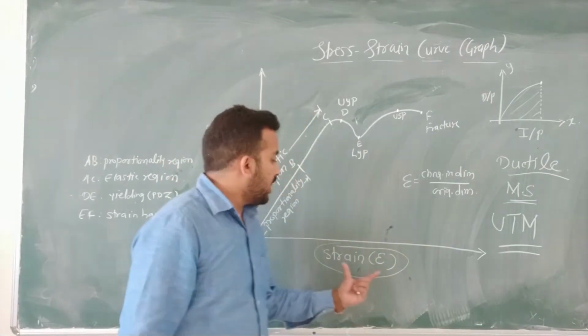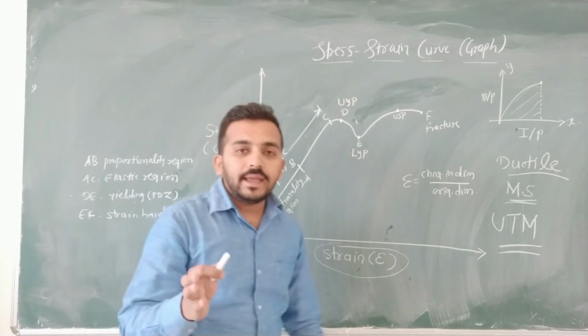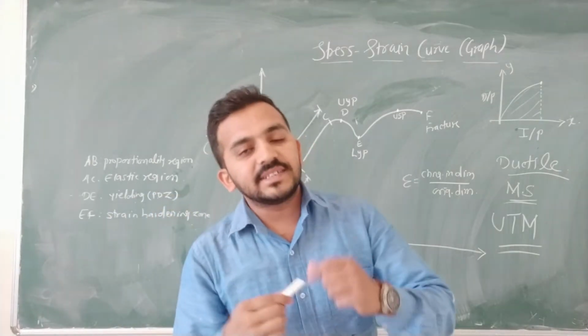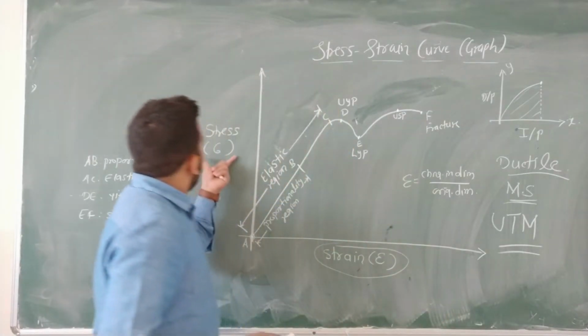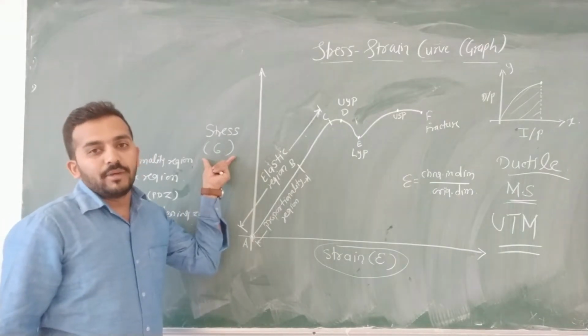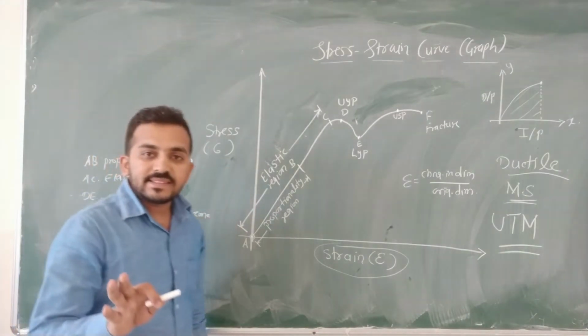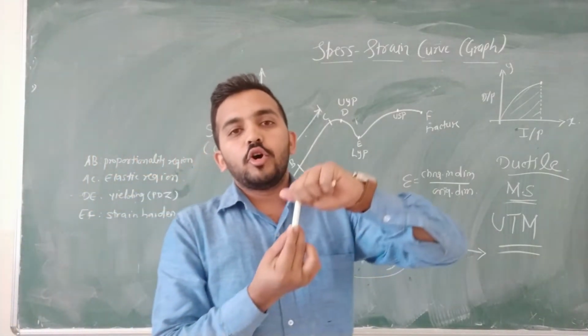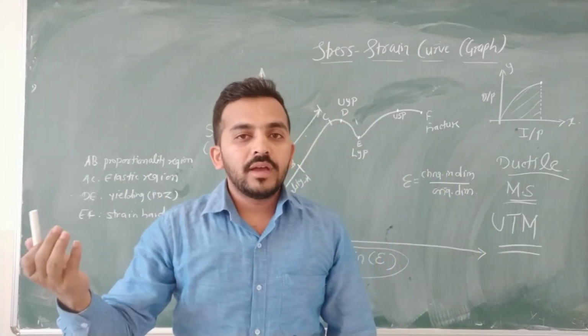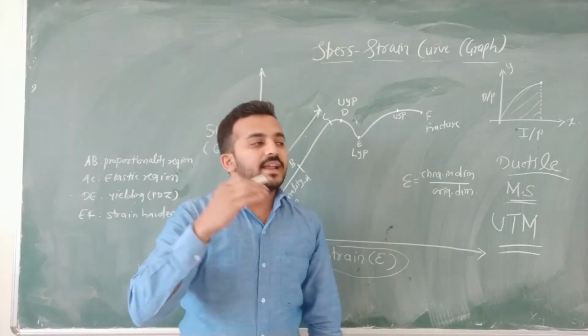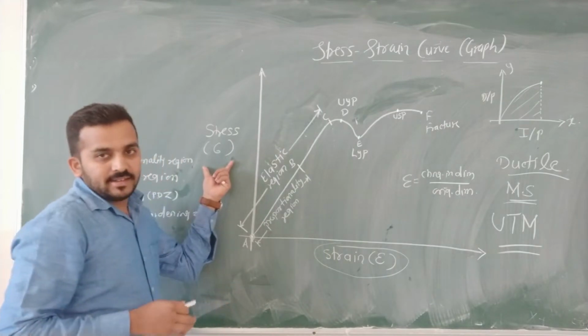Depending upon the amount of straining, an equivalent amount of stress will be developed. If straining is more, stress development will be more. If straining is less, stress development will be less. That's it.